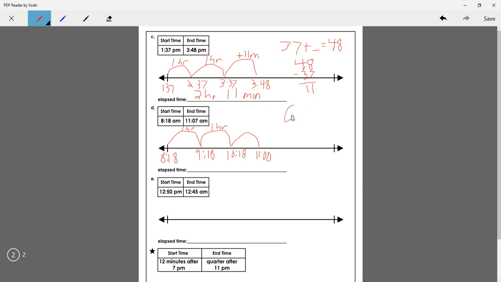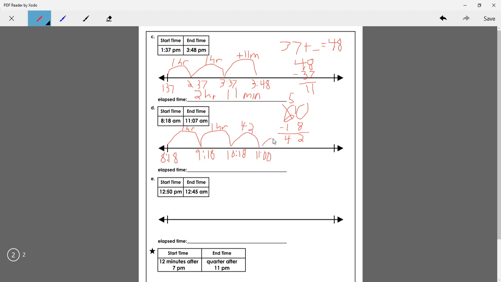So it would be 60 minus 18. How many minutes does it take to get to 11 from 10:18? So that would be 10 minus 8 equals 2. So that's 42 minutes.